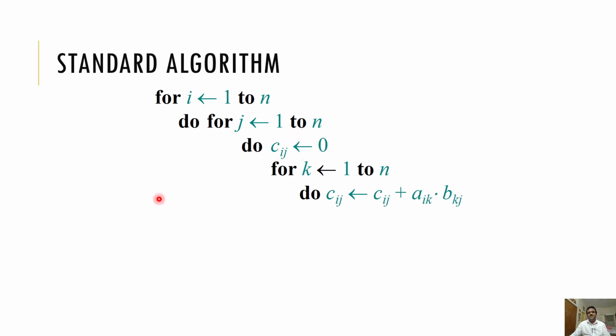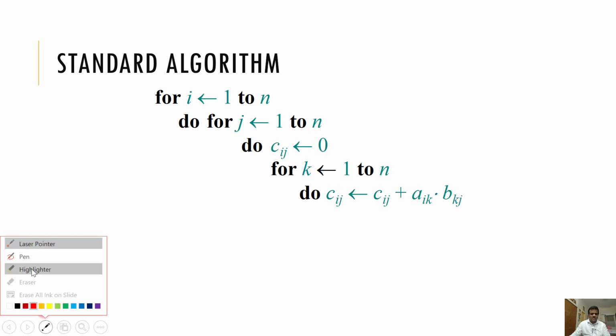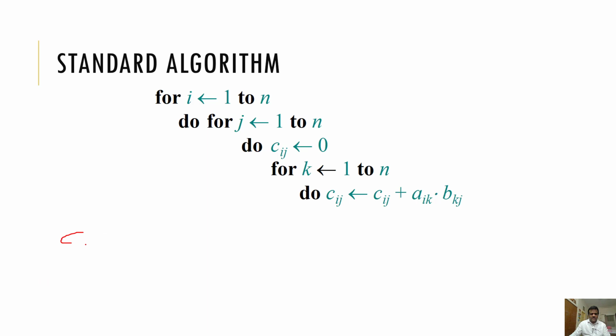Cij is basically the summation of aik, the inner product between the ith row of A and the jth column of B, where k varies from 1 to n.